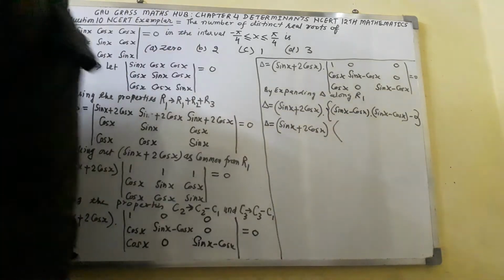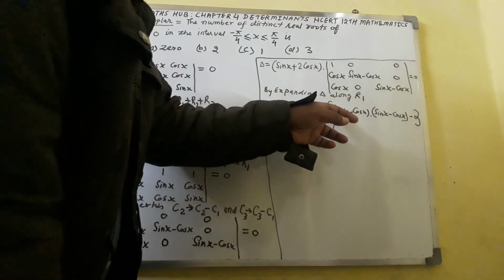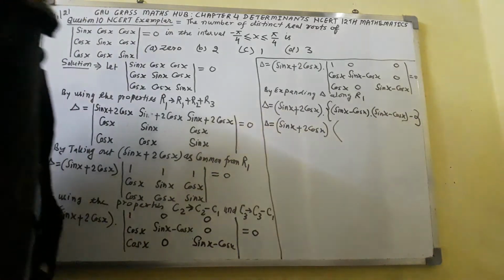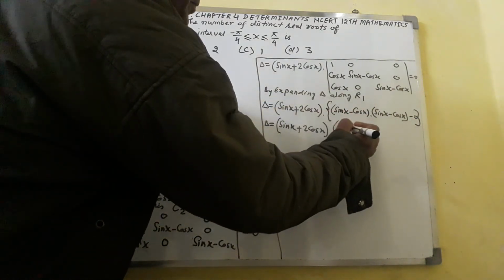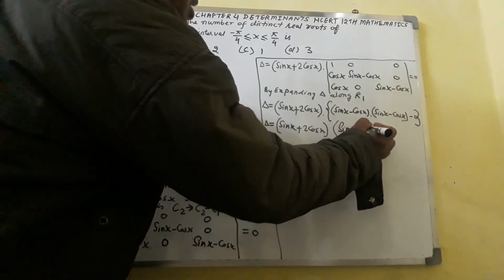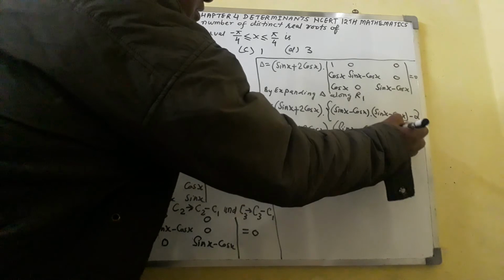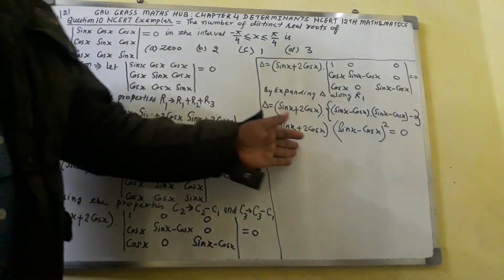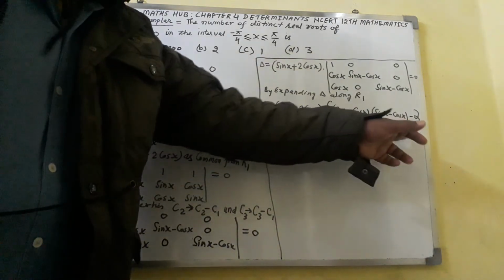Here in bracket you will get sin x minus cos x multiplied by sin x minus cos x. Both will be multiplied together. We will get here sin x minus cos x whole square comes out to here 0. So this thing you have got, this multiplied together, you got it as 0.